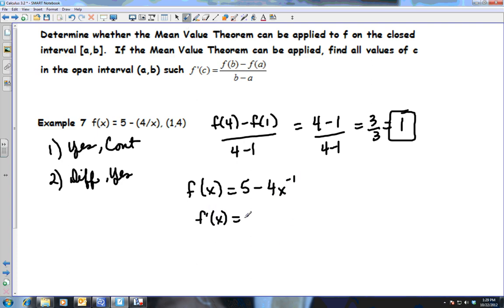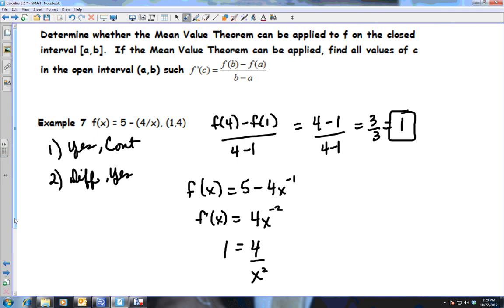F prime of x equals derivative of 5 is 0. When I bring this down, I get negative 4 times negative 1 is 4. Subtract 1 from your exponent. So now I found the derivative. I'm going to set that derivative equal to 1. And I'm going to fix my negative exponent.